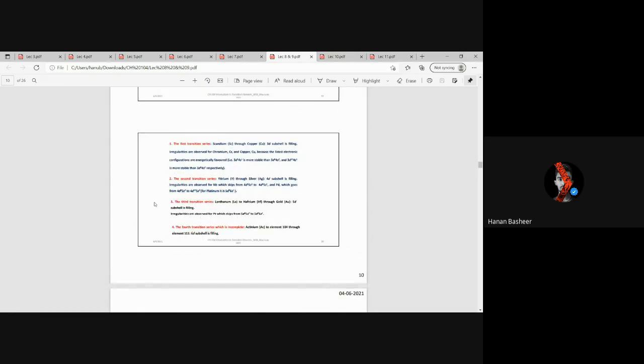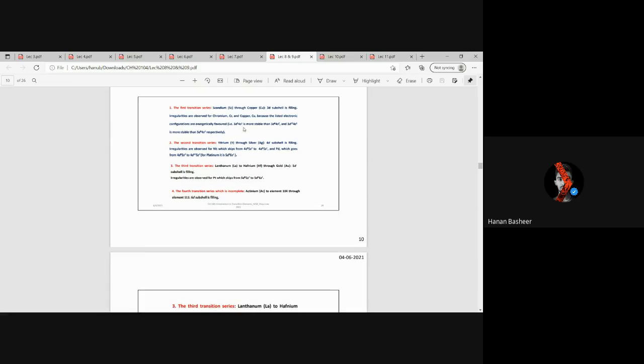The first transition metals will have such filling, and these configurations are more stable than 3d9 4s2. There will be irregularity for chromium and copper. So we have to keep in mind the ones where we observe irregularity: chromium and copper in the first transition series. In the second, irregularity for Nb.